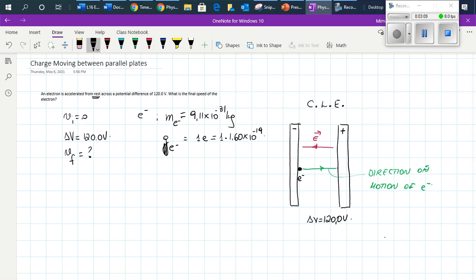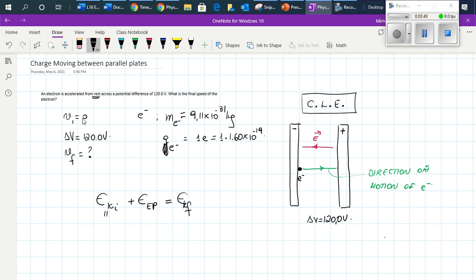Okay, so now the conservation law of energy in this case will be written in the form of kinetic energy initial of the particle. Since it's between two parallel plates, the electric potential energy between the plates is either added or taken away by the motion of the particle. In this case it is added, because the electron naturally goes toward the positive plate, and this electric potential energy is equal to kinetic final.